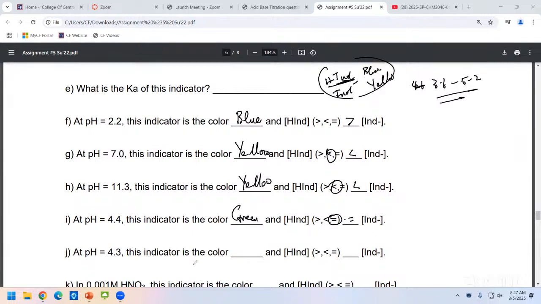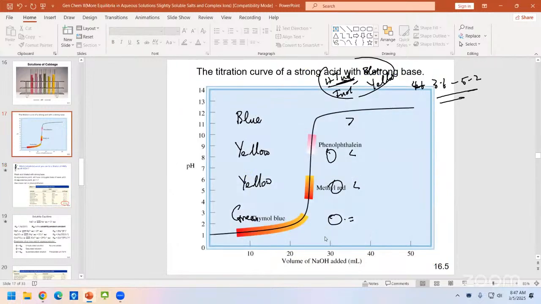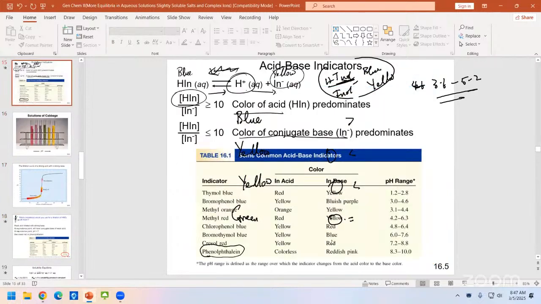Okay. At pH 4.3, this indicator is the color what? Well, you'd expect it to be blue, and let me just show you what I said here. It depends on the ratio of the HIND to IND minus. If it's greater than or equal to 10, then the color of the acid molecule will predominate.